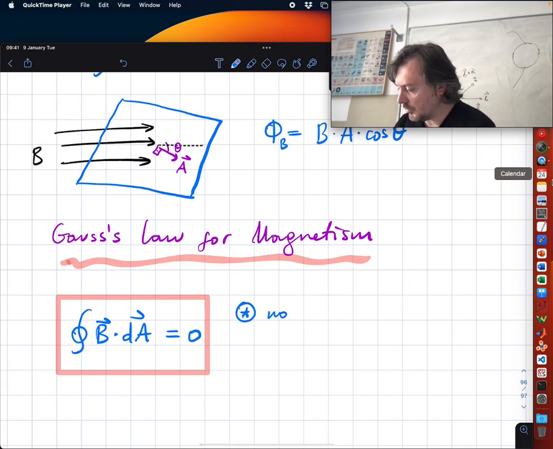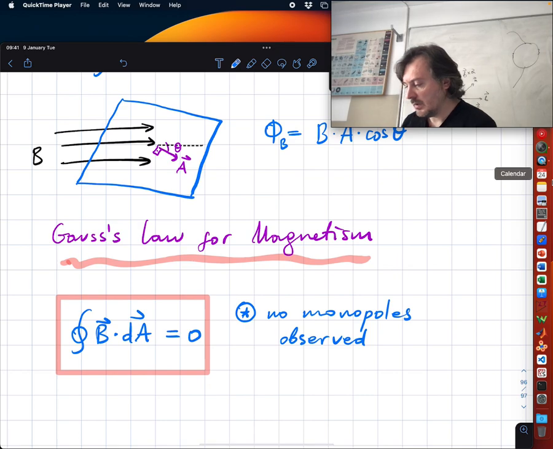Yes, no monopoles observed. Remember, in the case of E dot dA, do you remember what it was? Q enclosed over epsilon 0, but there can be no Q enclosed in the magnetic case, because no such thing has been observed yet. It always comes in pairs. All right?